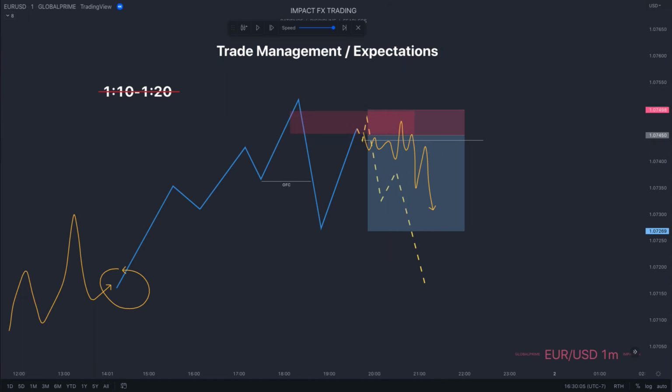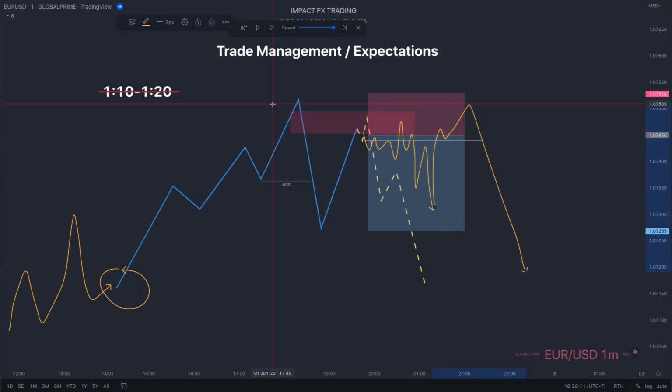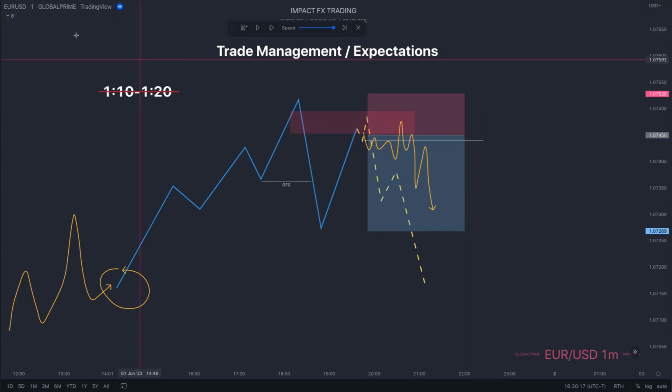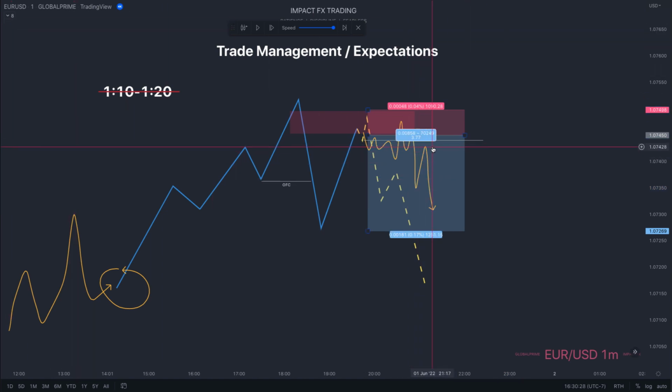Unless, for instance, your stop loss was above this high and this happens to be internal liquidity that could do that. But in terms of price action, I can now go break even, because if price from a probability perspective does something like this, it's probably going to wipe me out. So this is one way that we can manage our trades.